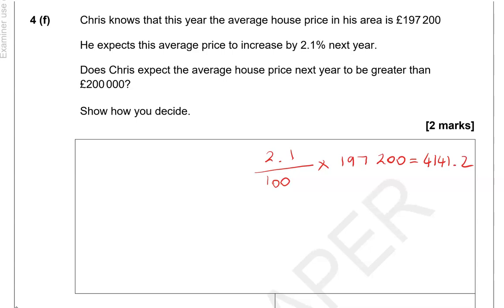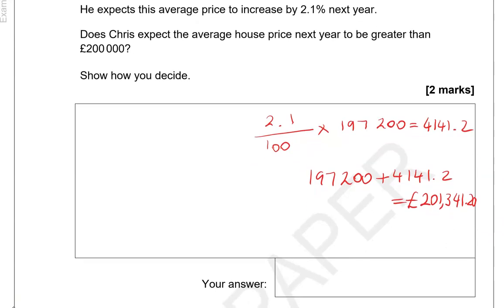If we add that to the 197,200, it gives us 201,341.20. So is that greater than 200,000? Yes, it is, as we have seen. So we can write here yes.